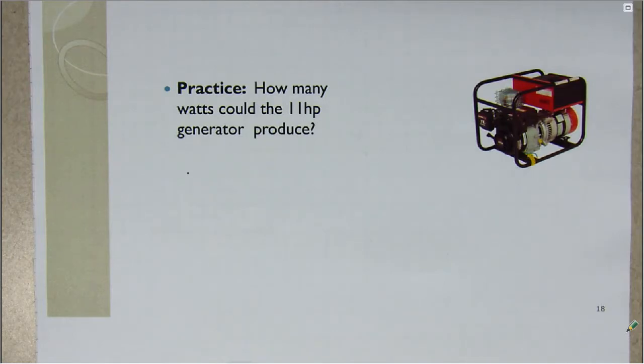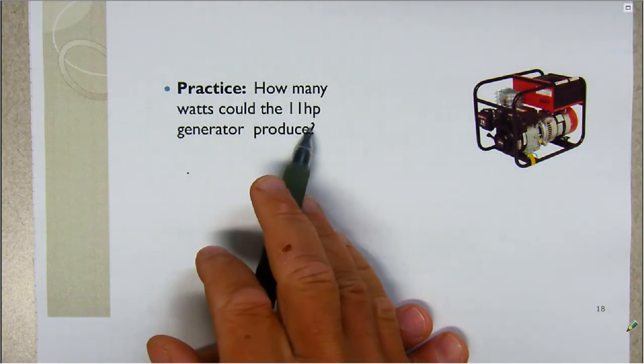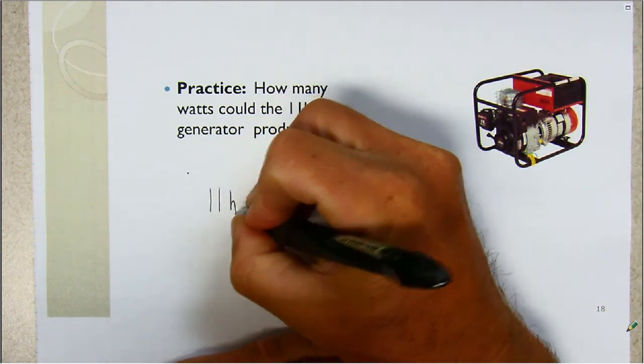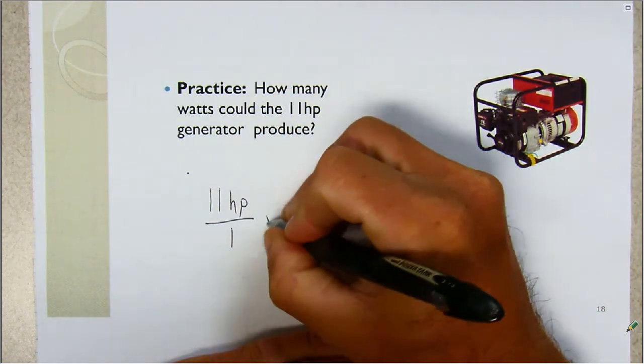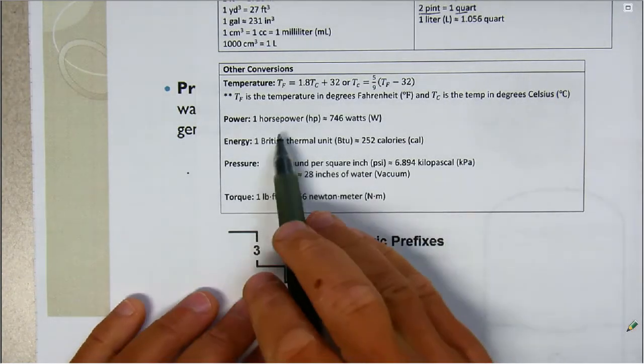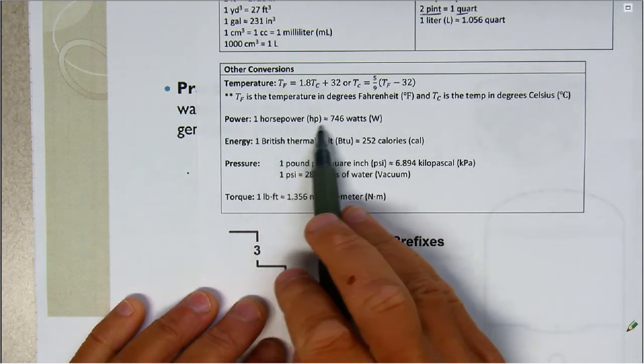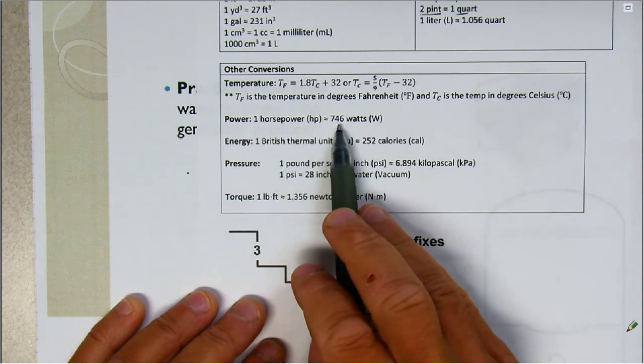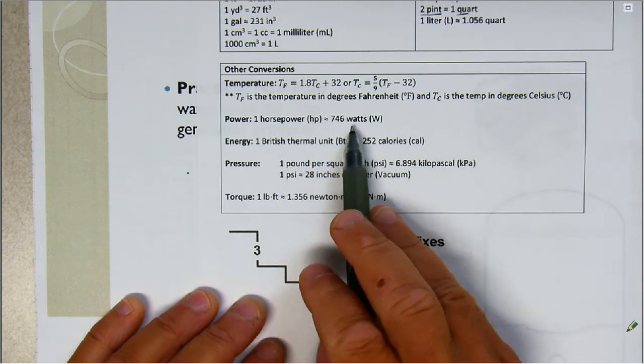Okay, in our last problem, how many watts can this 11 horsepower generator produce? Well, let's just take 11 horsepower and put it over 1. It's kind of an interesting conversion fact between electrical and mechanical power. 1 horsepower is about equal to 746 watts. So we can use that conversion fact to trade our horsepower in for watts.